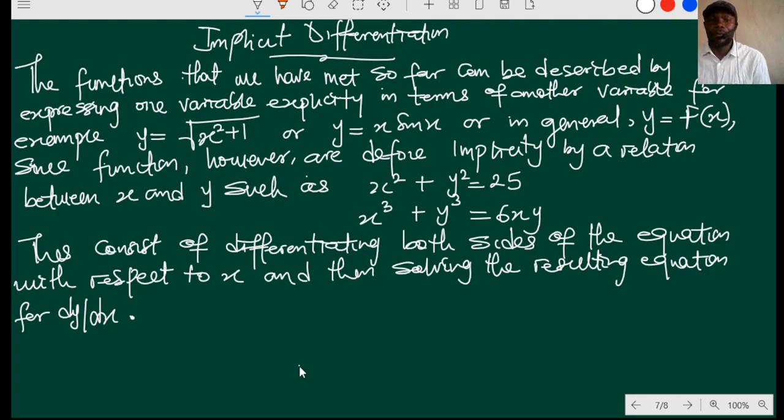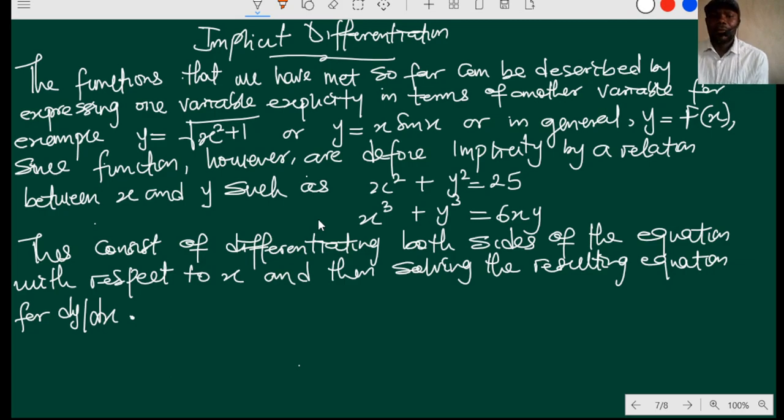For example, y is equal to the square root of x squared plus 1, or y is equal to x sine x, or in general, y is equal to f of x.